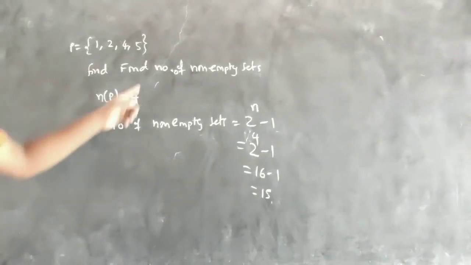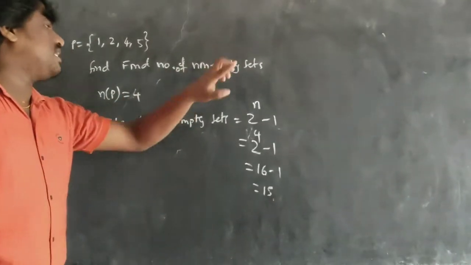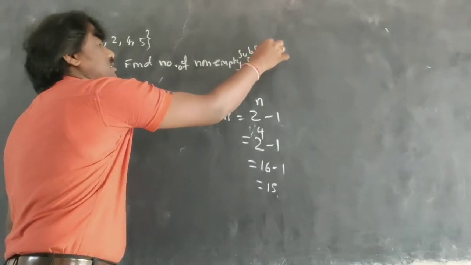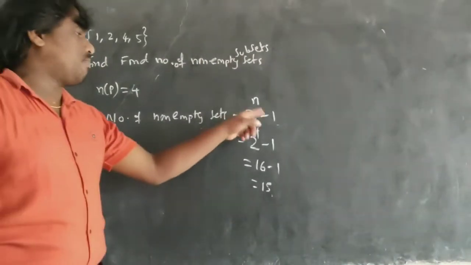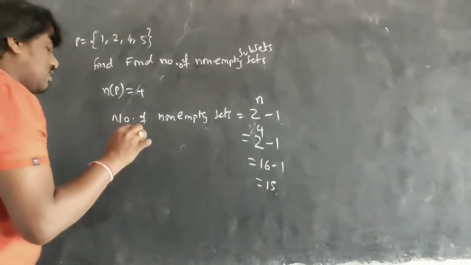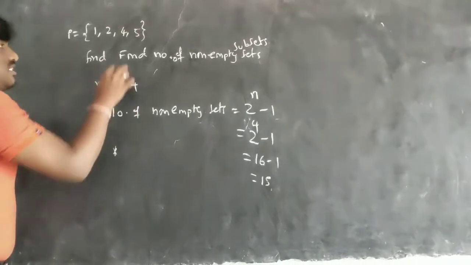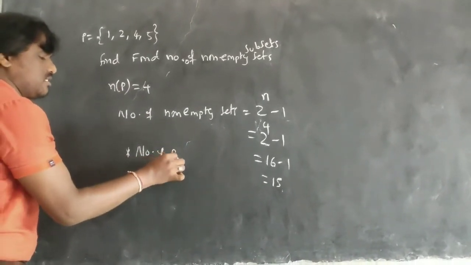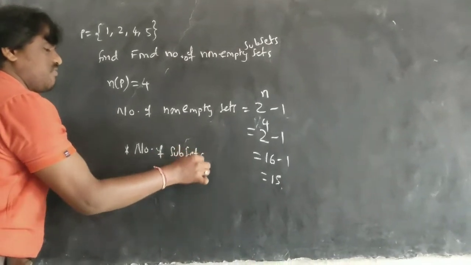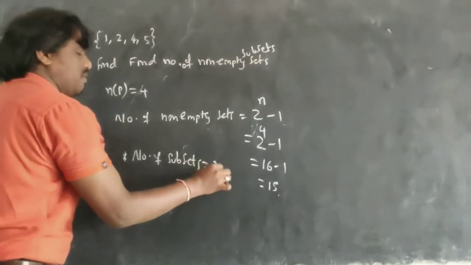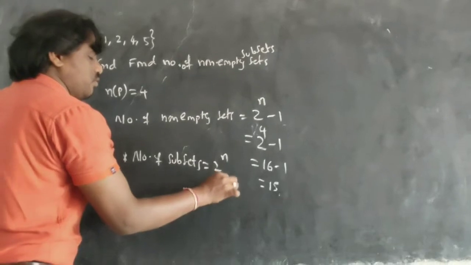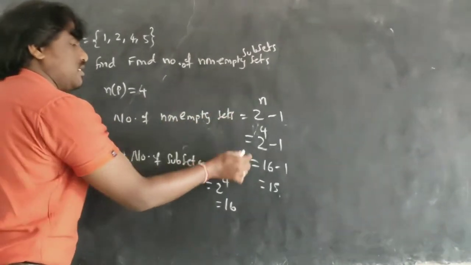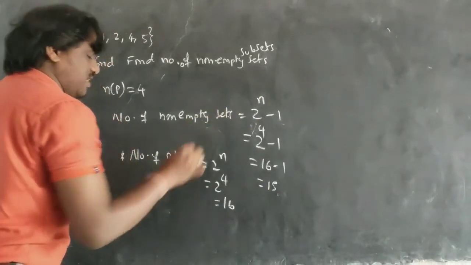If they ask you the number of non-empty subsets, then the formula is 2 power n minus 1. See here, three things you remember for this same question. Number of subsets for the given set, that is 2 power n, that is 2 power 4, that is 16. Number of non-empty subsets, 2 power n minus 1, 15.